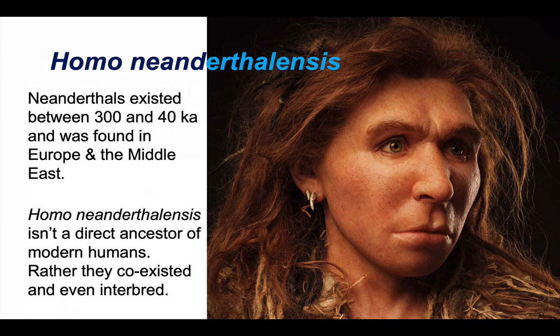As we move on in time again, to between about 300,000 and about 40,000 years ago, particularly in Europe and the Middle East, we find the Neanderthals. Now, there's been a lot of work done on this group. They're not one of our direct ancestors. They and modern humans coexisted. There is DNA evidence to suggest there was interbreeding. There's even suggestions that Neanderthals would be able to walk around Cowbridge today and really not be noticed.